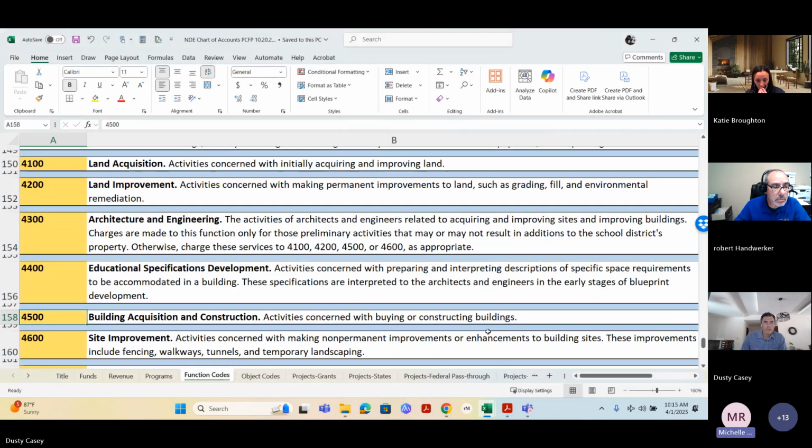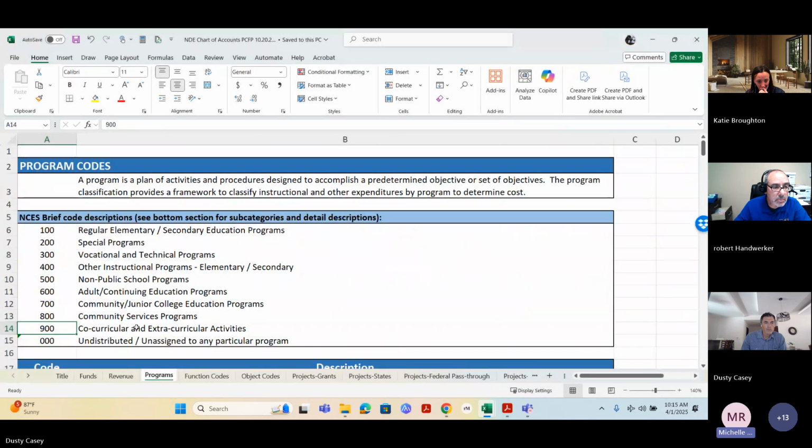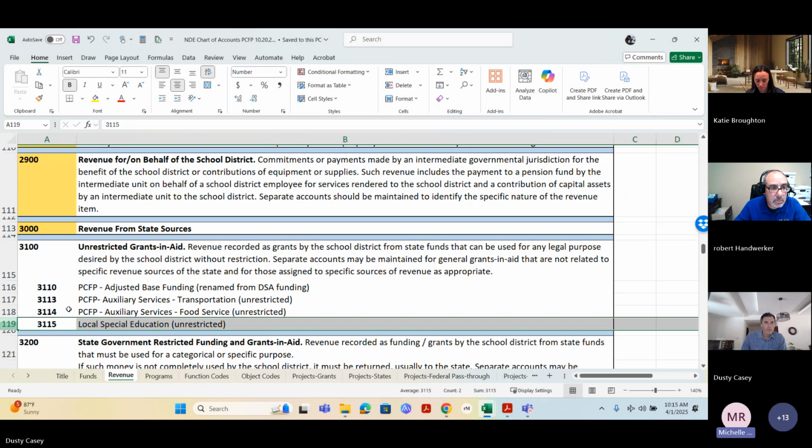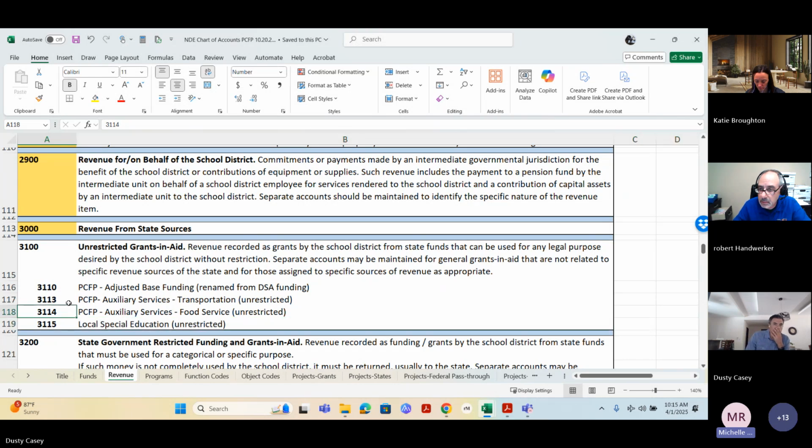Like program code or something like that. I'm not sure. Look it up. But is there a benefit or a disadvantage to moving the local special ed out and then taking the rest out of the general fund, or just taking it out of the general fund? Is there any difference in the way it looks?